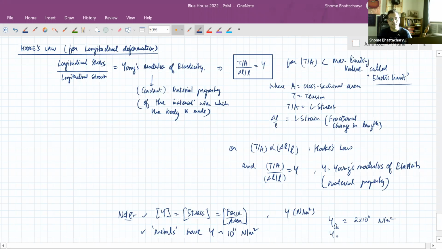Whereas something like steel or nickel coated steel, or nickel based steel, has a higher value of Young's modulus, in the region of 3.5 into 10 raised to 11 Newton per meter square. So you don't need to remember any values of Young's modulus. Just giving you an example here.